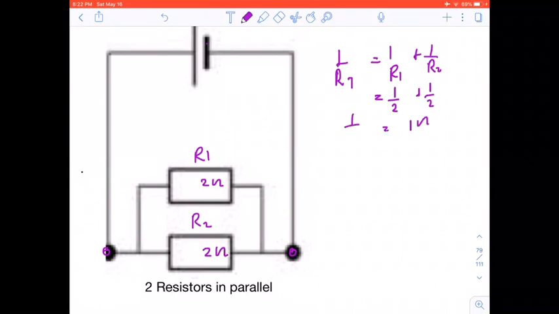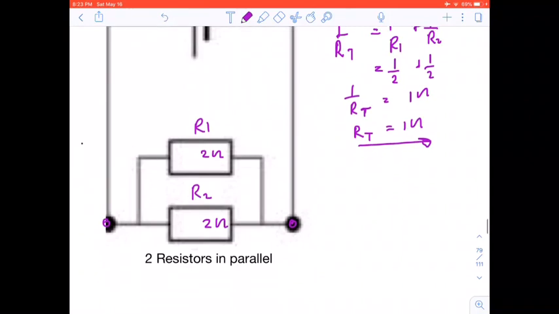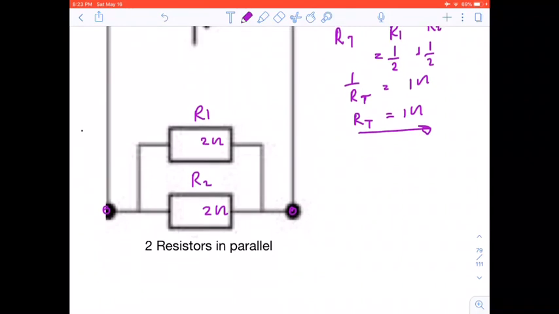But that's 1 upon R total is 1 ohm, and the reciprocal of that, R total, is still 1 ohm. Had I used the formula that I said, R total is equal to the product divided by the sum, it would still be 1 ohm. Okay? So that is the total resistance.